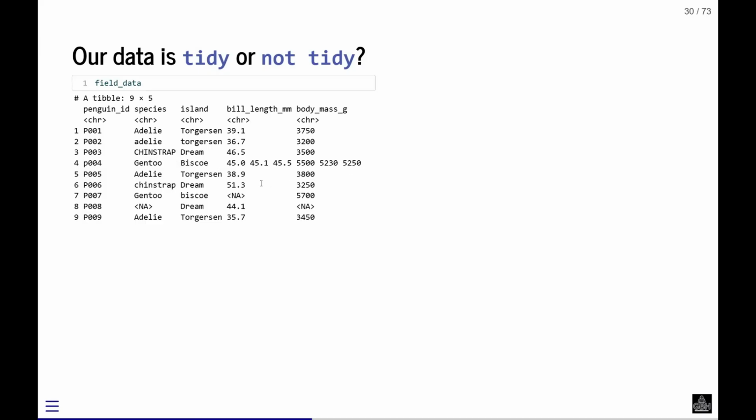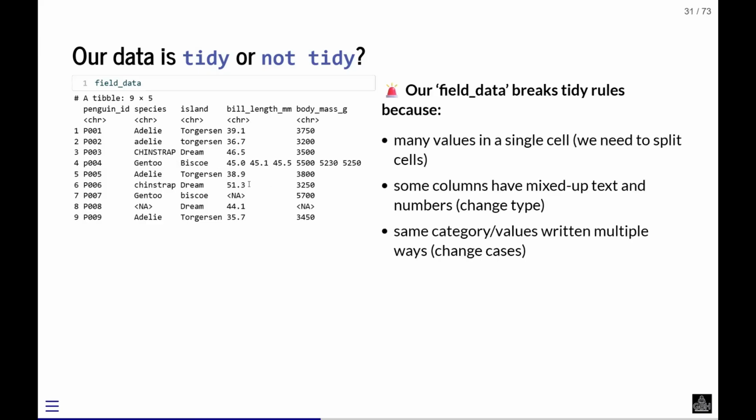If you look critically, you will see these 3 problems. The first problem is we have many values in one cell. We just heard that one cell should have only one value, either text or a number. So we need to create another 2 lines to take these 2, right? So we need to split the cell. This we will do today.